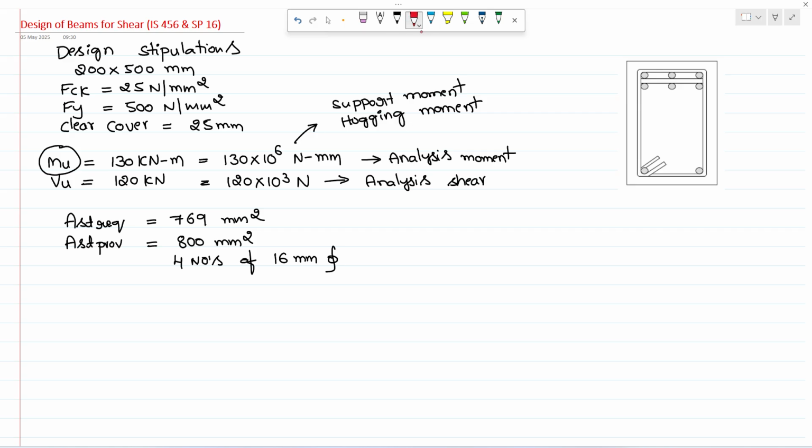So please remember, for support or hogging moment, the steel will be provided at the top. So this 800 mm square will be provided at top, because your Mu is hogging moment or support moment. If it was the sagging or span moment, then it will be provided at bottom. Clear?